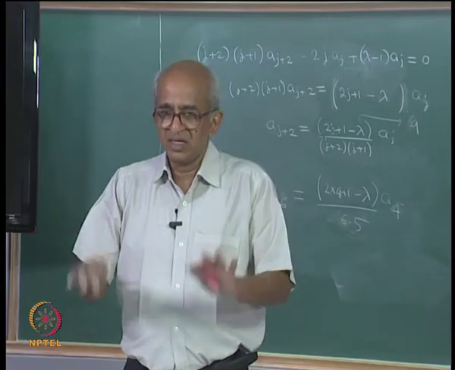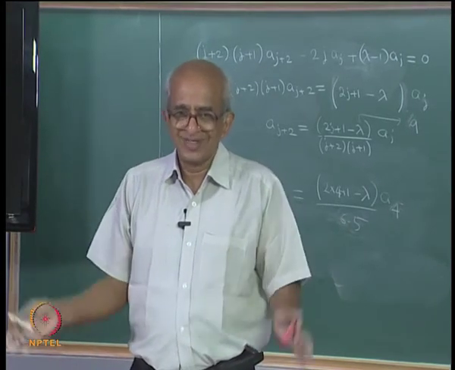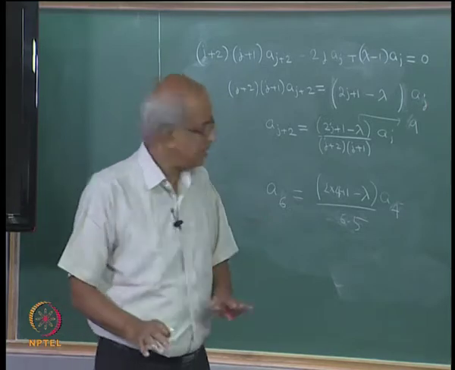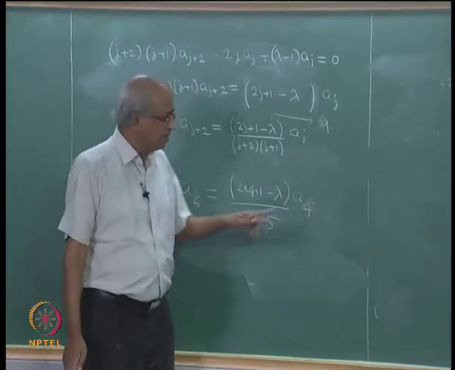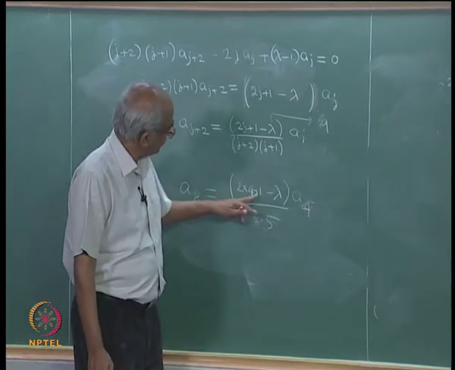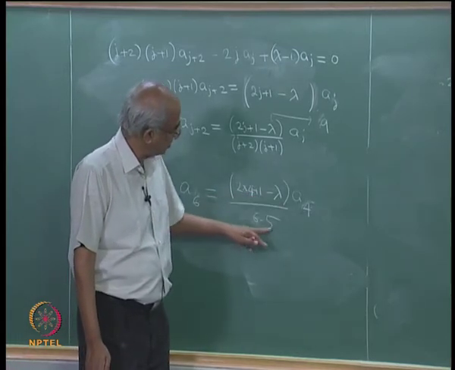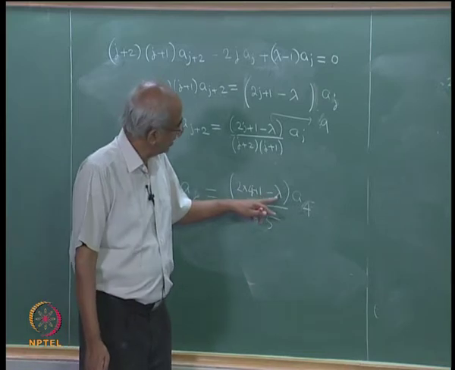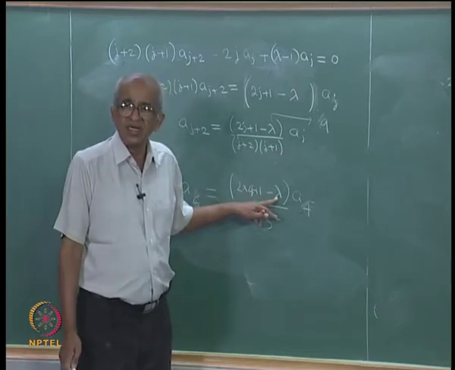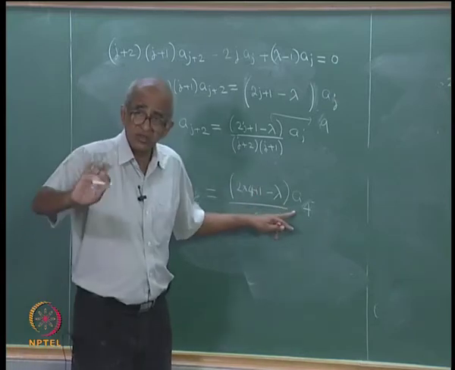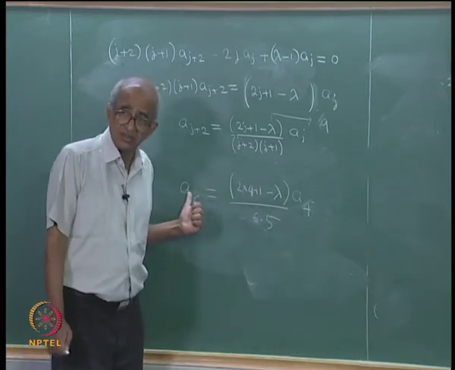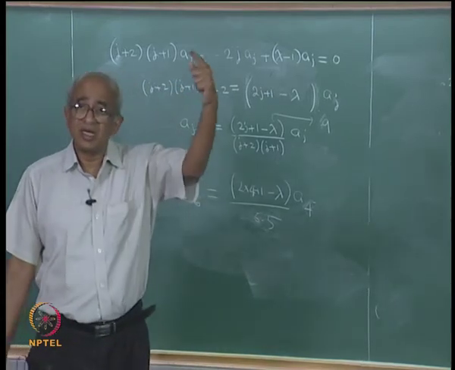So, imagine that I have a value of lambda which is 9, and imagine that I calculate A6 from A4. Then you will have 2 into 4 plus 1 minus lambda divided by 6 into 5, and if I say lambda is equal to 9, you can see what is going to happen. A4 is not 0, but A6 is 0, and if A6 is 0, what about A8?